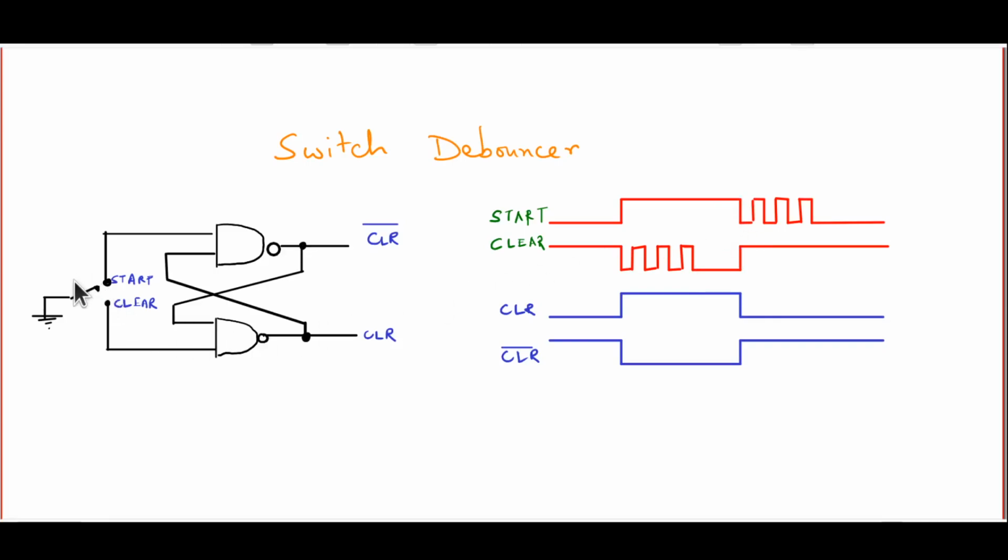On the other hand, here what we are doing is throwing the key back again to start. So start has now been grounded, clear is floating, but once again start gets grounded, but it doesn't stay grounded because of the bouncing of the key, which is a purely mechanical effect. Start may go high again, that is floating again, then come into contact with the ground again, go low, go high, go low several times.